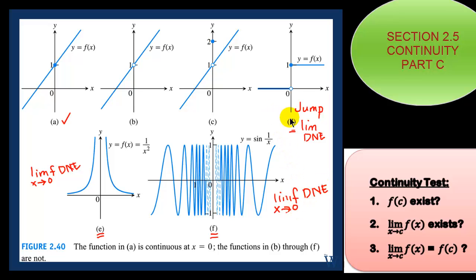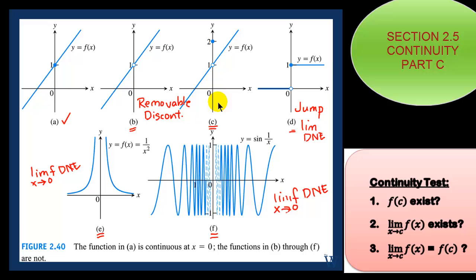So between D, E, and F, we do not have a removable discontinuity. But B and C are what we call removable discontinuities.